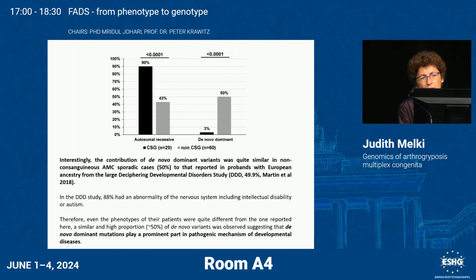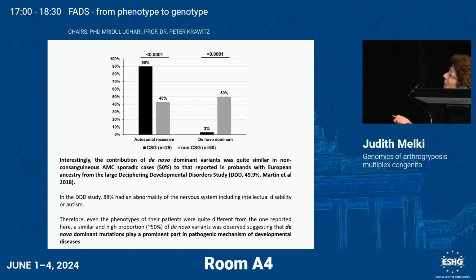Importantly, when we look at the contribution of de novo dominant variants in sporadic, consanguineous and non-consanguineous families, if you compare the autosomal recessive form and de novo dominant, you can see that in consanguineous families, the autosomal recessive form is the most frequent cause and mode of inheritance.